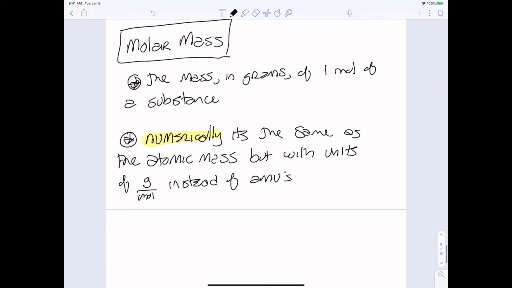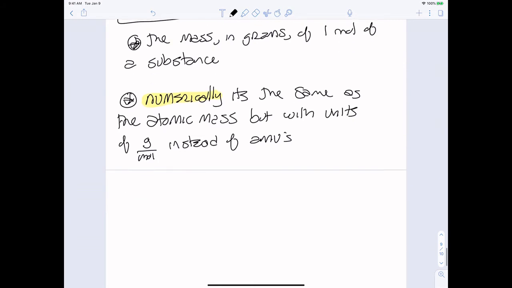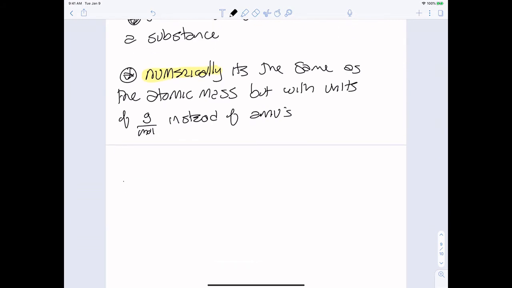So molar mass, the mass in grams of 1 mole of a substance, numerically the same as the atomic mass, but with units of grams per mole instead of atomic mass units. So essentially, let's use hydrogen just for something different. If I have 1 mole of hydrogen, I have 6.022 times 10 to the 23rd hydrogen atoms, right? That's the number of atoms we have in 1 mole. And then I am going to use my periodic table.